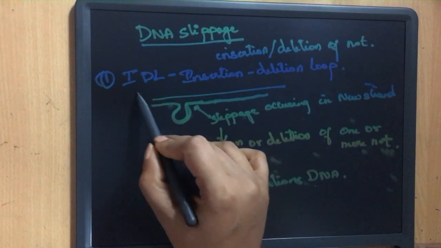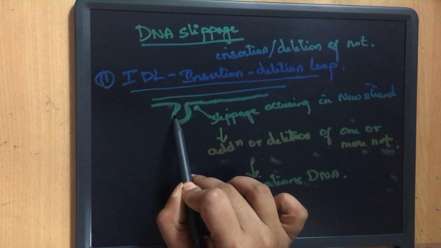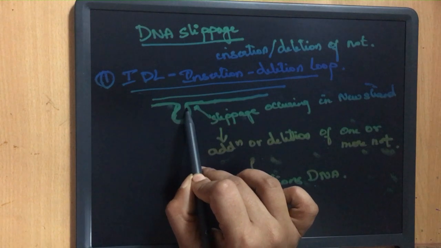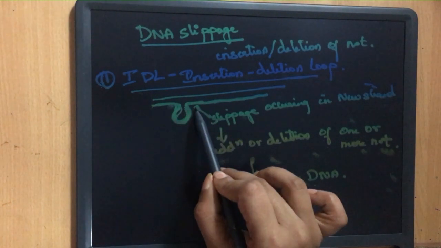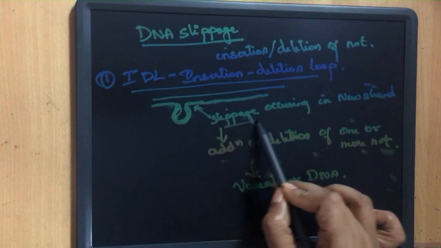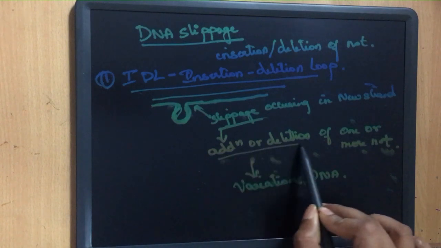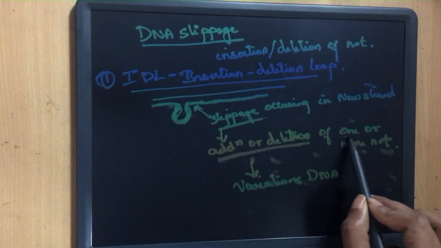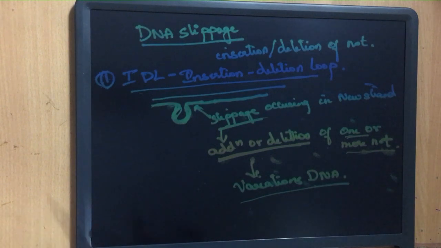Okay. Insertion deletion loop happens when one of the strands moves out of alignment with another, creating a loop, and this results in the formation of a slippage. Okay, which helps in addition or deletion of one or more nucleotides, causing the variation in the DNA.